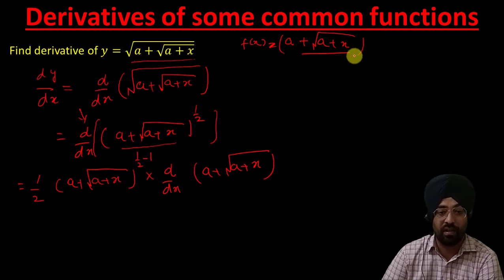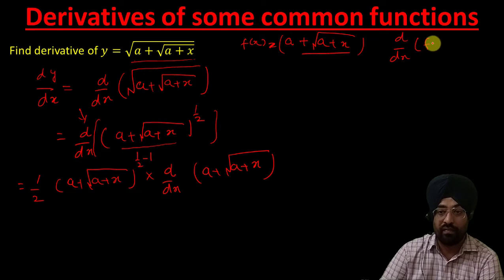Now I have applied this formula: the derivative of f(x) raised to the power n is n f(x) to the power n minus 1 times the derivative of f(x).